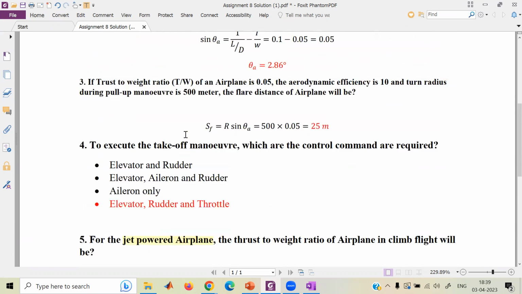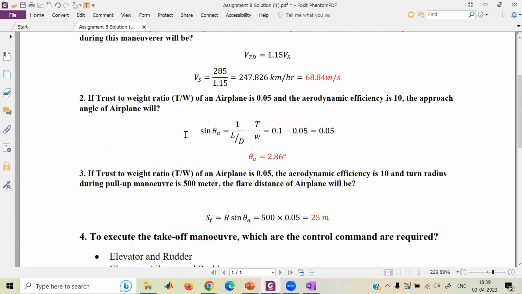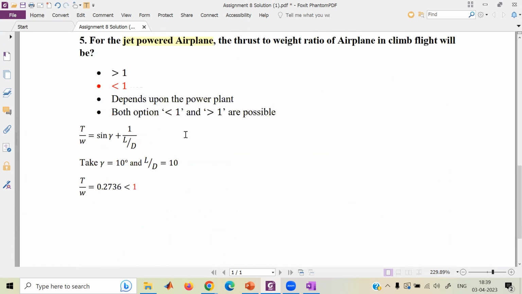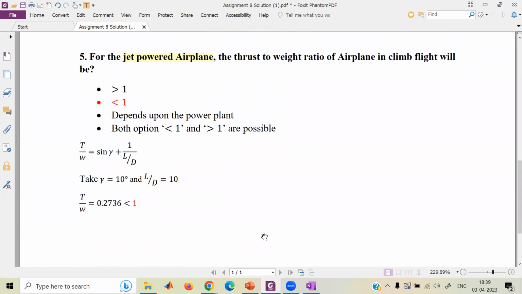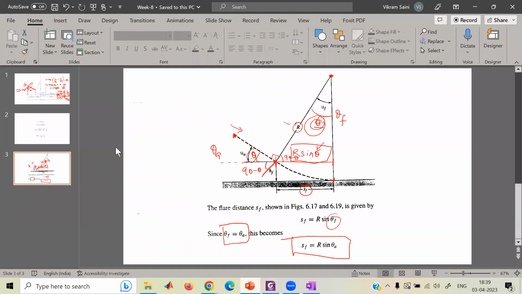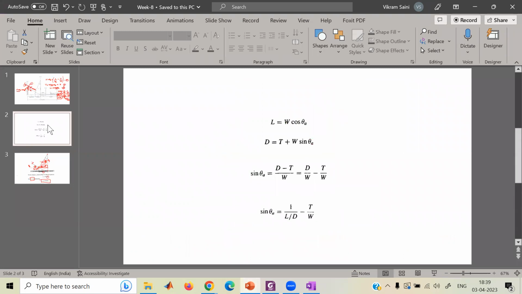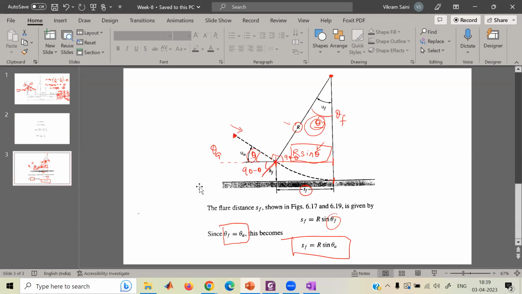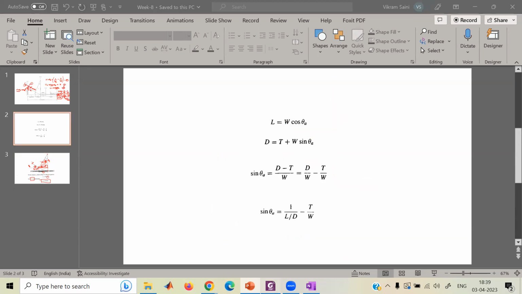It will be slightly different, because we will now be having a climbing one, and the sine component of the weight will be contributing to the drag, not the thrust. So the sine component of the weight contributes to drag, and therefore this expression. This is for sine theta. But you know how to derive it, right? So let's leave it there. Yes, sir.